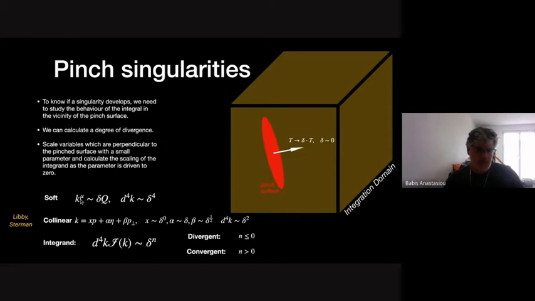You say that all components should be of order delta. The soft singularity resides in one point in the integration domain when the momentum is exactly 0. So you scale it, you also scale the measure, and then you examine the integrand and you see whether you get a degree of divergence which is positive or negative.